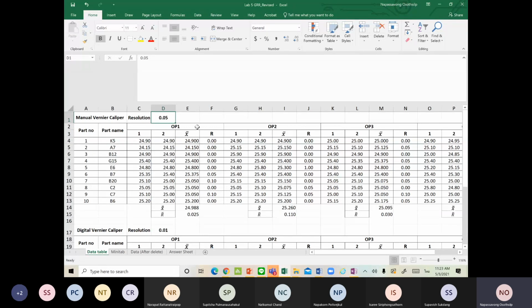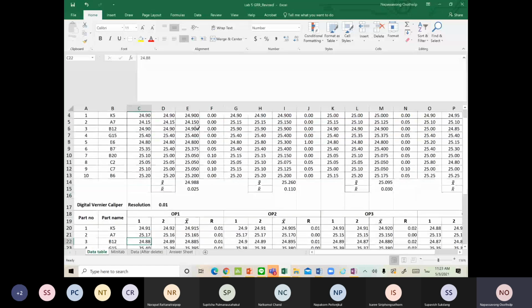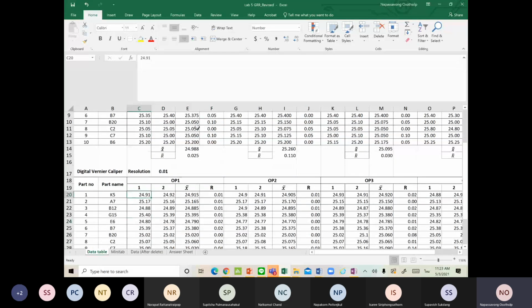You get that? This is the resolution. You will see that the readings end with 0 or 5, because the resolution is 0.05. But for the digital vernier, the last digit can be any number, 1 to 9 and 0, because the resolution is 0.01.